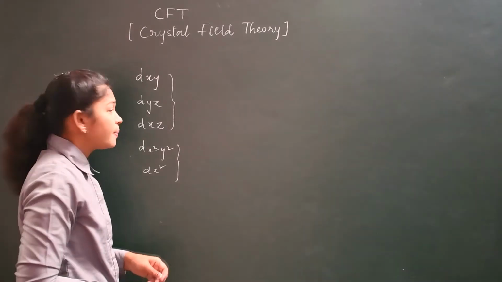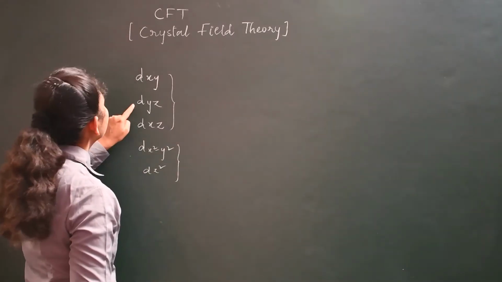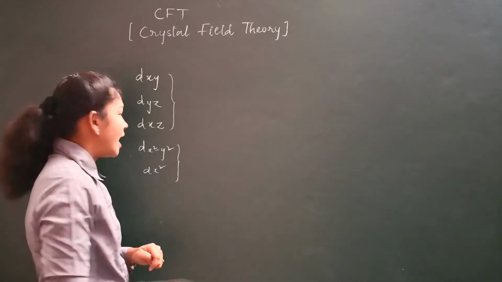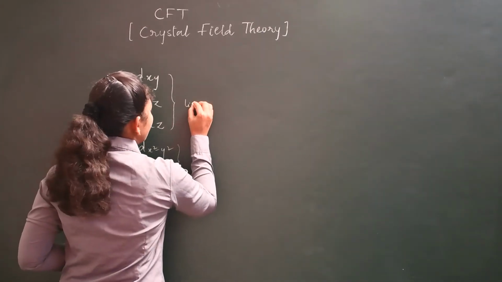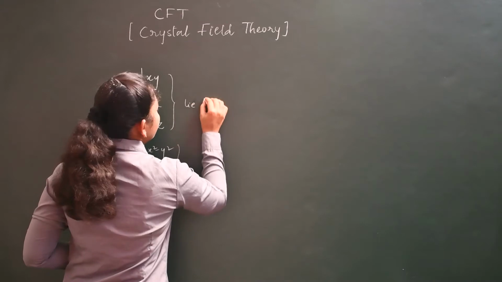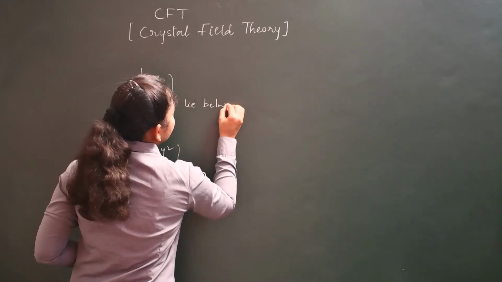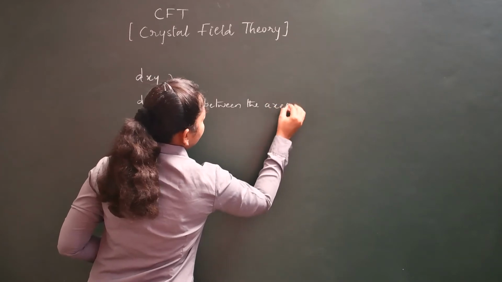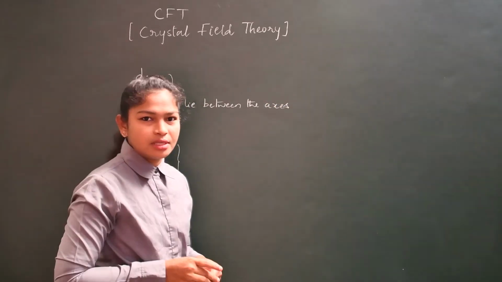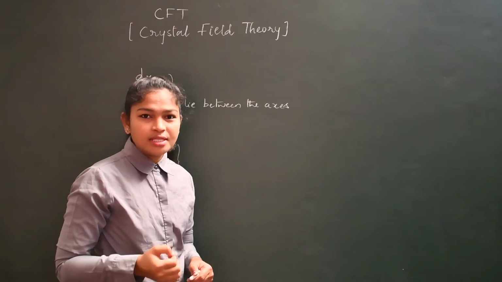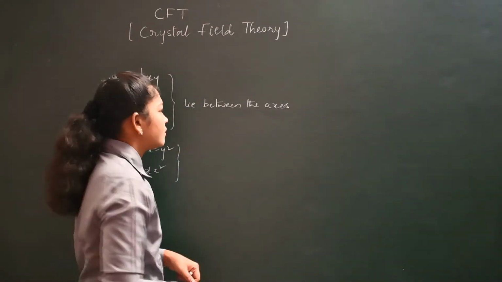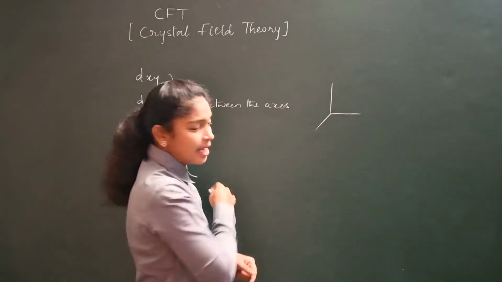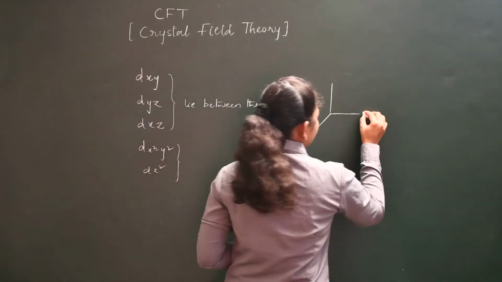Why is it different? dxy, dyz, dxz, these 3 orbitals lie between the axes. We have 3 axes, right?